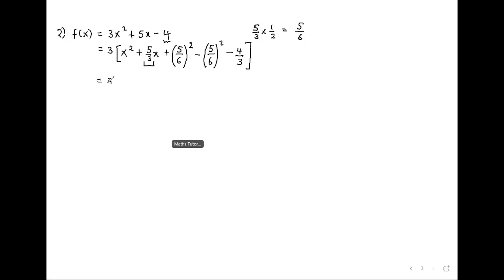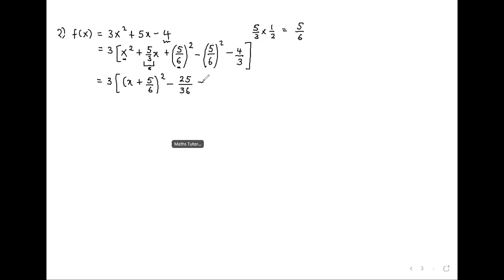Then we have 3. You pick this x. Then you pick this number here, squared, we ignore this one. Then minus 5 squared, that's 25. 6 squared, that's 36.